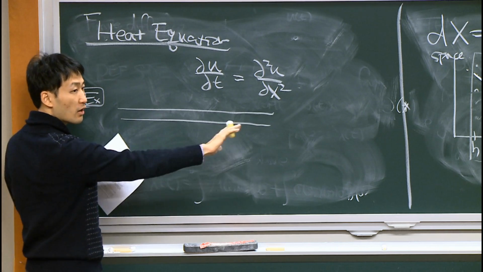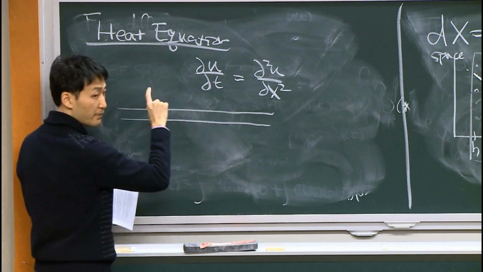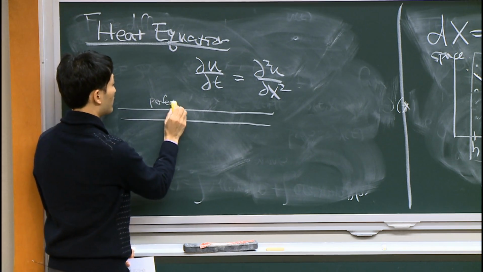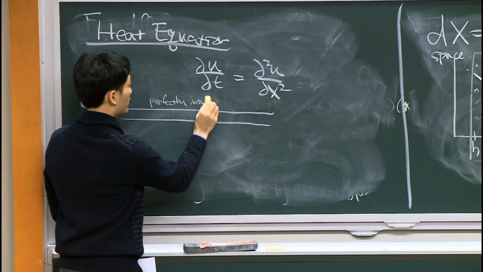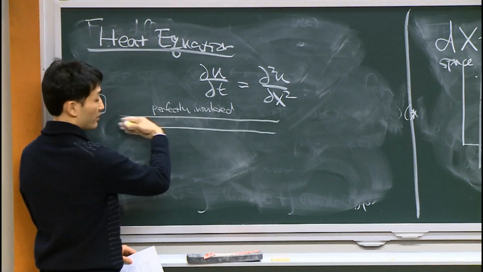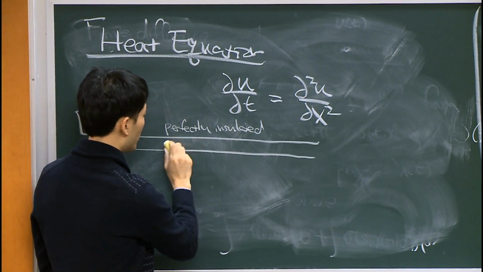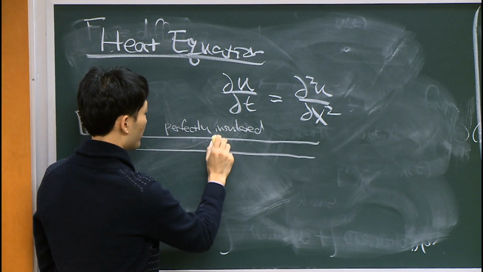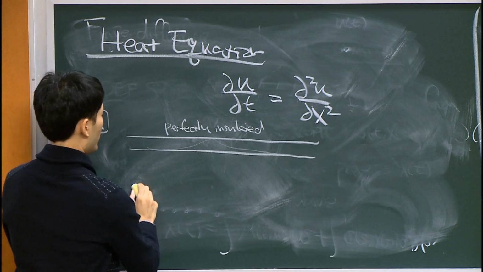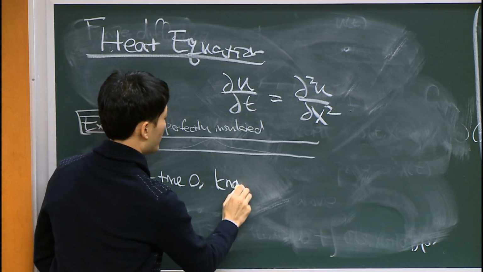In particular, this is an equation that models the following situation. You have an infinite bar, very long and thin, perfectly insulated, so heat can only travel along the x-axis. At time 0, you know the heat distribution.